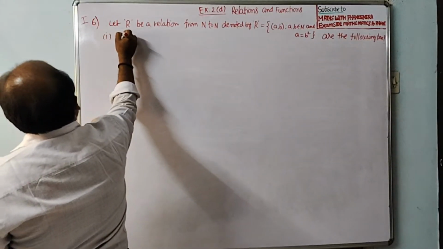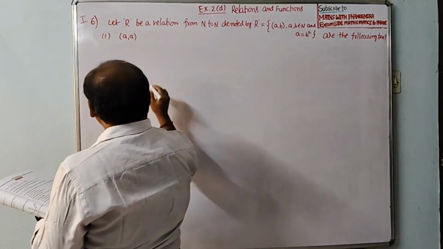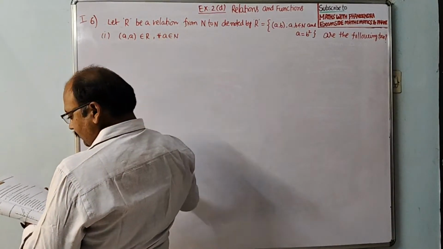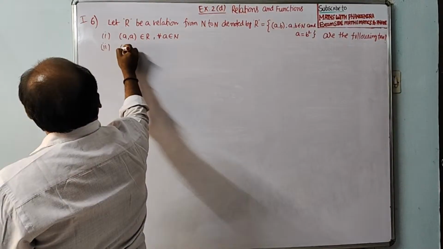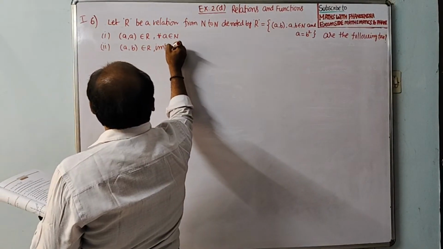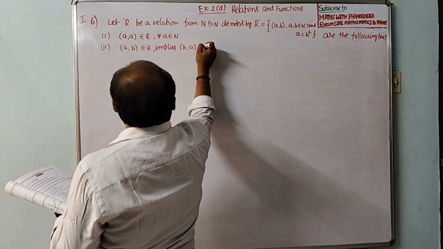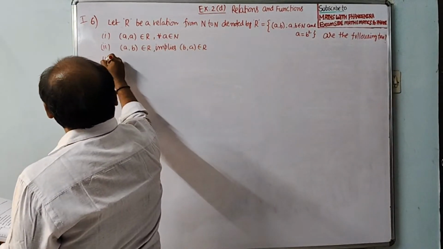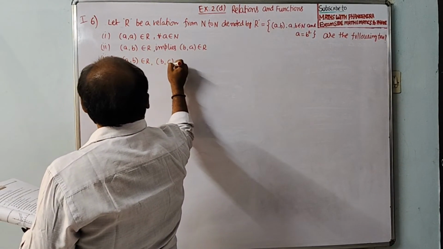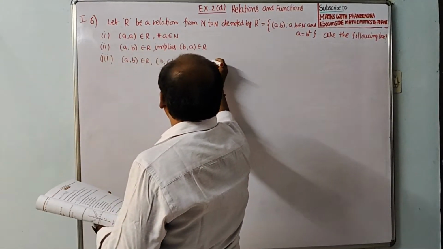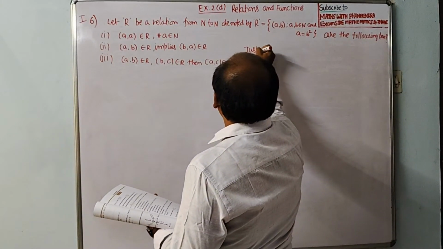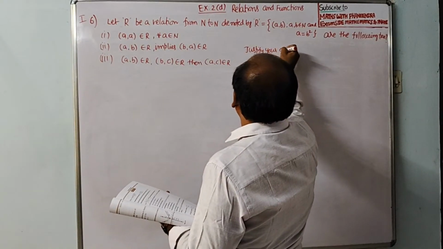The first one: ordered pair (a, a) belongs to R for all a belongs to N. Second one: (a, b) belongs to R implies (b, a) belongs to R. Third one: (a, b) belongs to R, (b, c) belongs to R, then (a, c) belongs to R. Justify your answer.